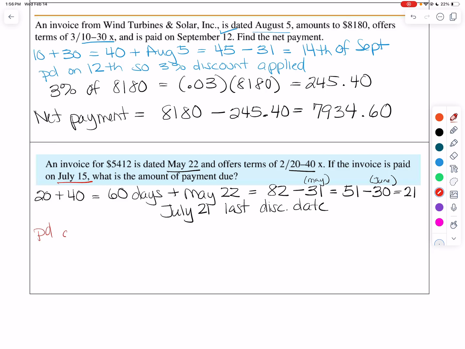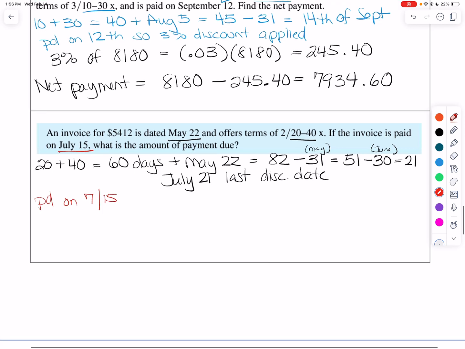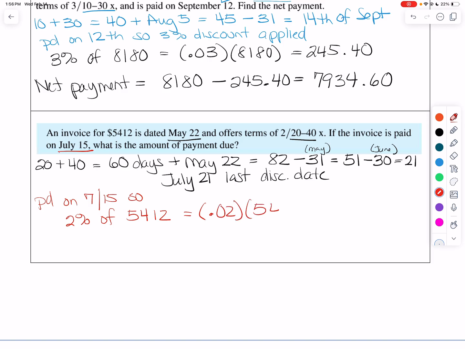So paid on July 15th, we get a 2% discount of 5,412, which is $108.24.